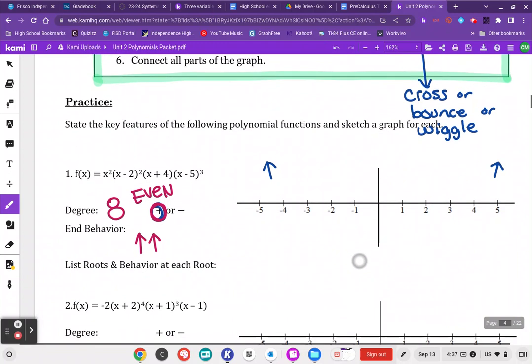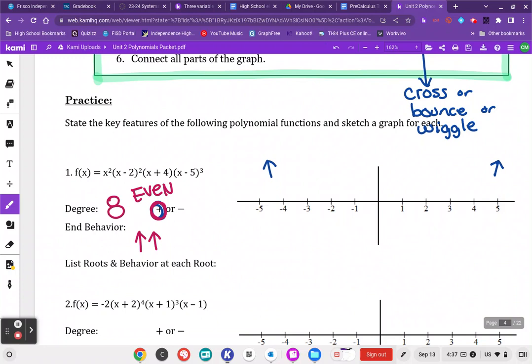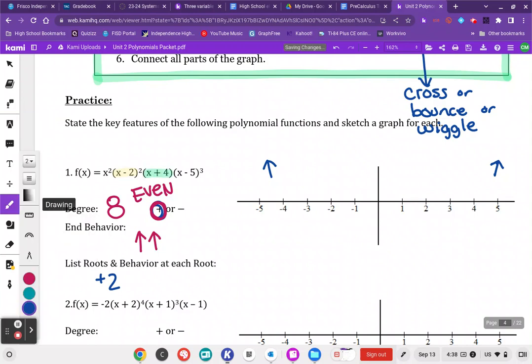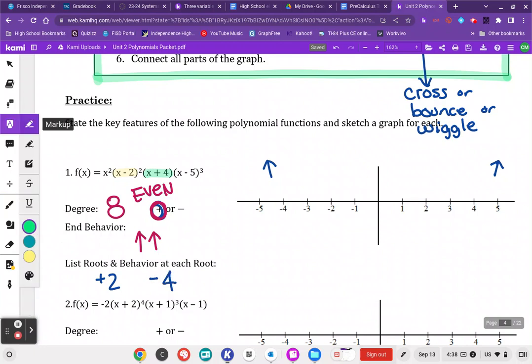Okay, the way I list the roots is by looking at the factors. So one at a time, we'll look at each individual factor. This one here, x minus 2, means I have a root at positive 2. We flip the sign, okay? If I have a factor that is x plus 4, that means I have a root at negative 4.